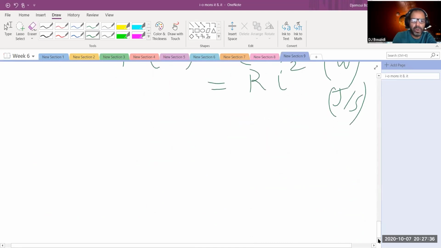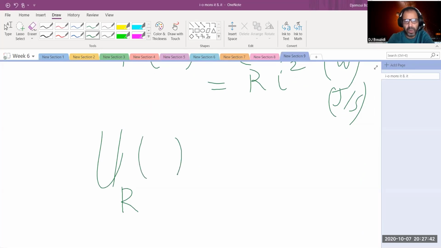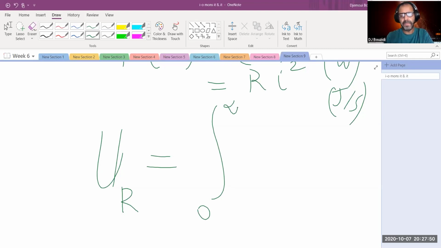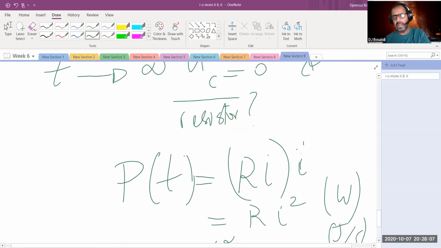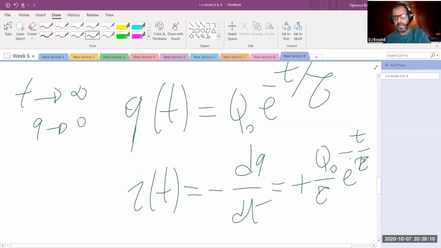The energy dissipated in the resistor must then be equal to the integral from 0 to infinity of the power dt, because the power is just the derivative of u with respect to time. And I have the expression for I, which is given by that exponential. With this expression, all I have to do is square this number and integrate it.